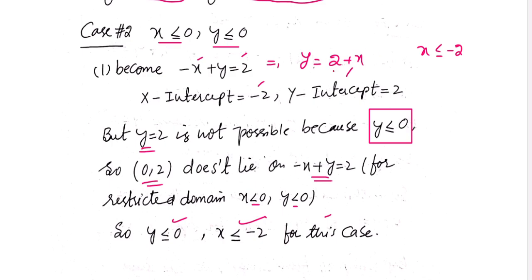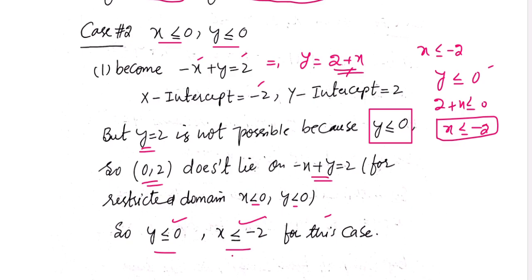Otherwise, this is very simple. You want your y to be less than or equal to 0, so put this expression less than or equal to 0. This gives x less than or equal to minus 2. So when your x is less than or equal to minus 2, your y is less than or equal to 0. So this is the restricted domain, or the valid values of x and y, to draw the graph of this equation, minus x plus y is equal to 2.